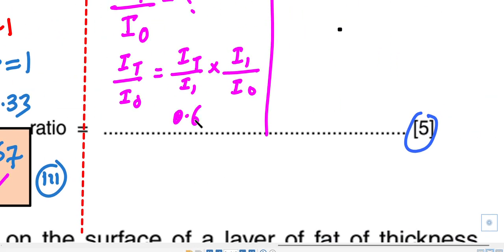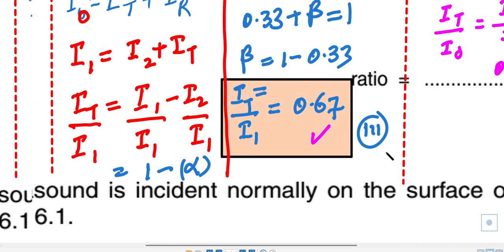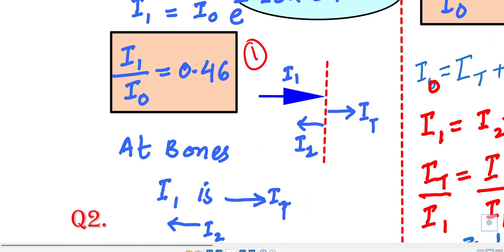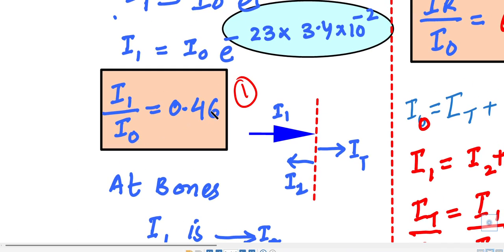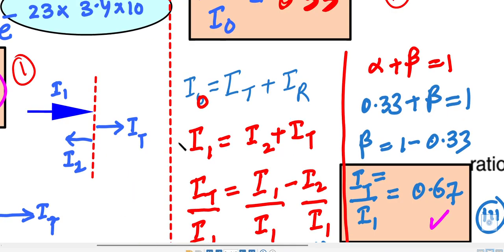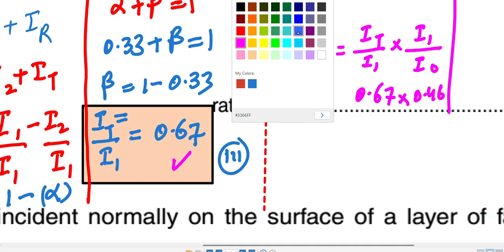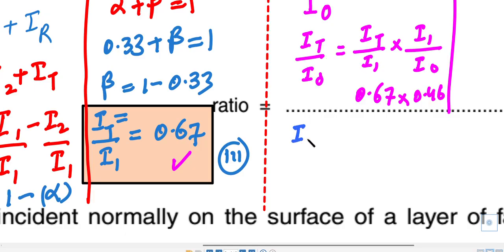So 0.67 times what is I1 divided by I naught? That was calculated in your equation number 1: 0.46. So I will apply that here. Can you please calculate these two for me? IT divided by I naught equals, yes, multiply them both.